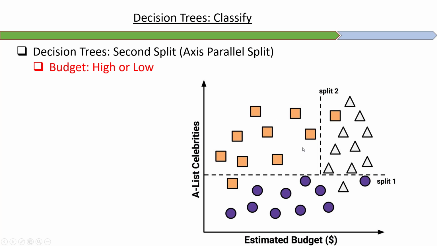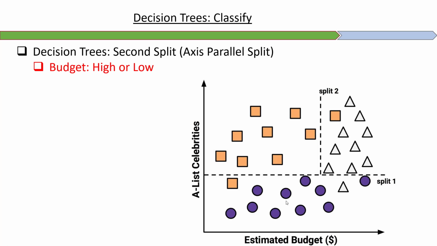For example, in this subset, we have critical success. In this group here, we have only mainstream hits, or mostly mainstream hits with one critical success. In the group below, we have mostly box office busts.